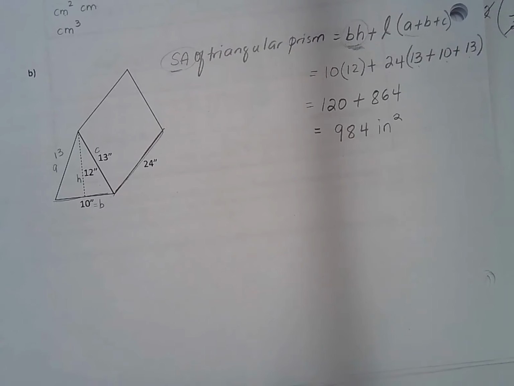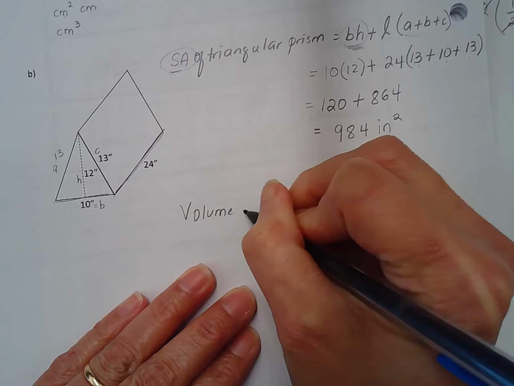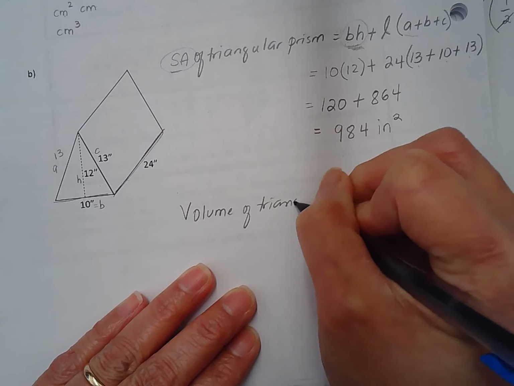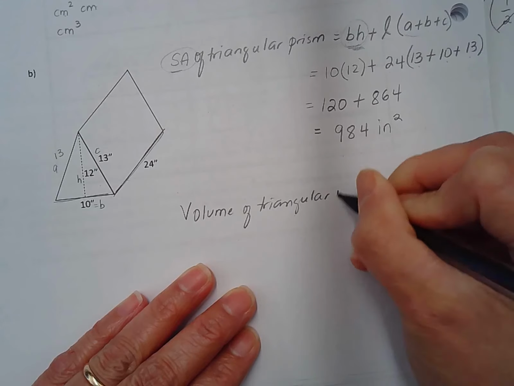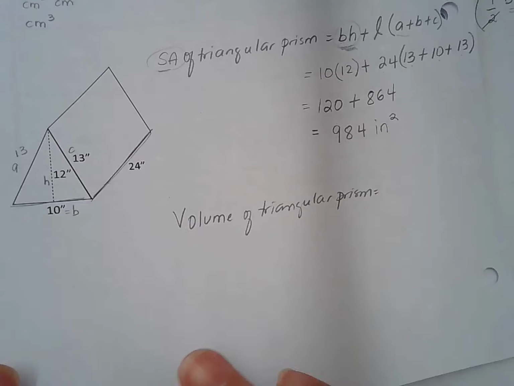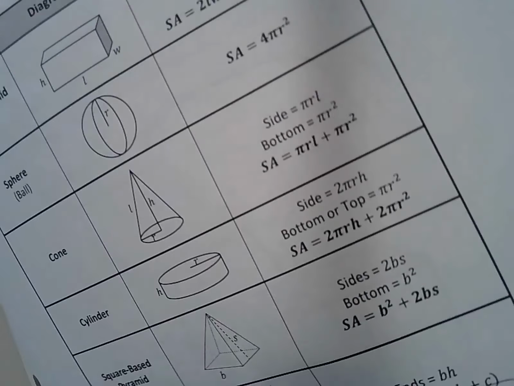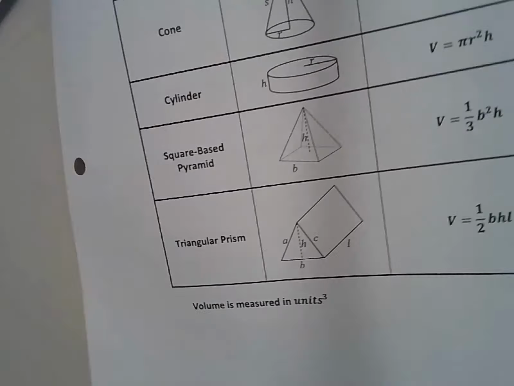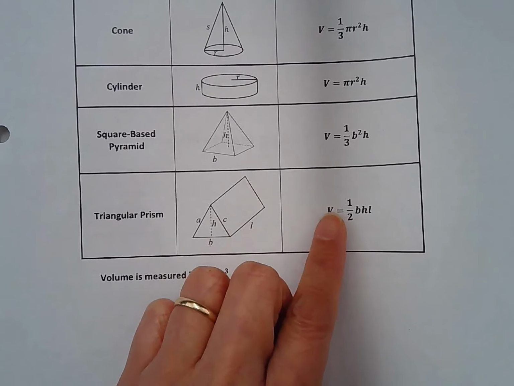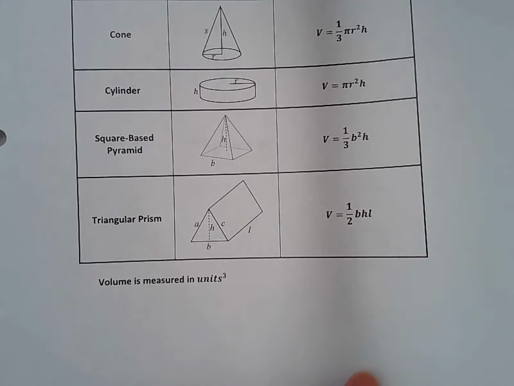Now we're going to get into volume. So what's a volume? What's the formula for volume? Let's take a look. Sometimes I don't remember everything, so I've got to take a look. It's 1/2 times base times height, of course, times the length.